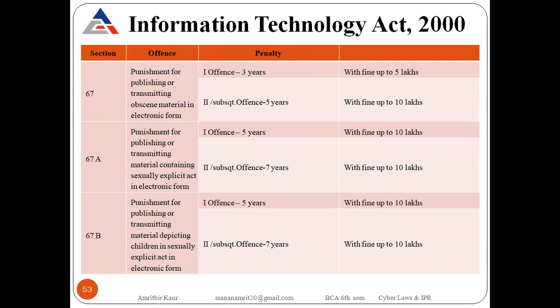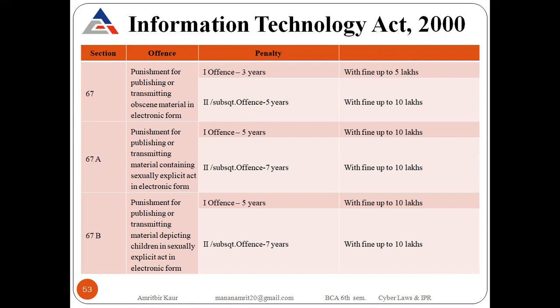The offense under this section is punishment for publishing and transmitting obscene material in electronic form. There can be 2 penalties. First is 3-year imprisonment with fine up to 5 lakh, and second is imprisonment of 5 years with fine up to 10 lakh.